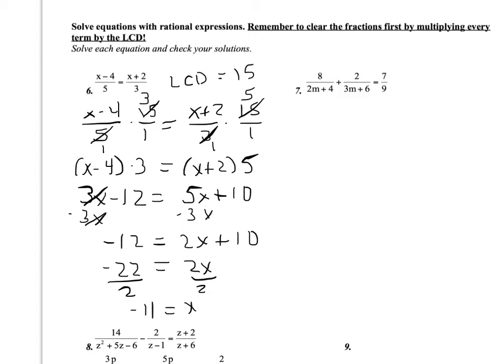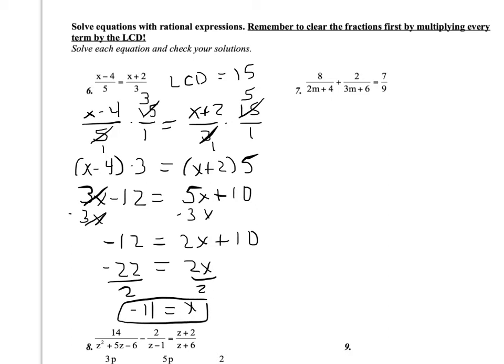So the value of the left side of the equation when x is negative 11 is a negative 3. If I plug in negative 11 on the right, negative 11 plus 2 is negative 9, and negative 9 divided by 3 would give me a value of negative 3. My left side equals the right. Negative 3 equals negative 3. Therefore, x equals negative 11 is a solution.